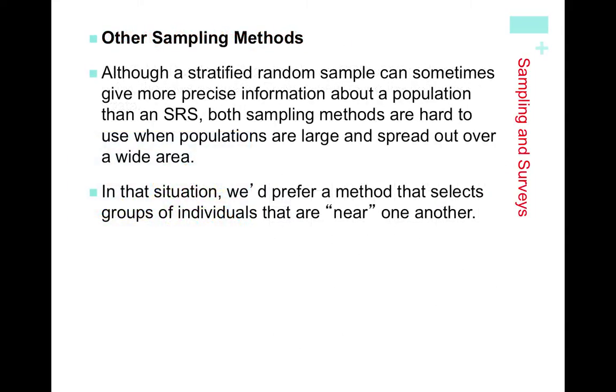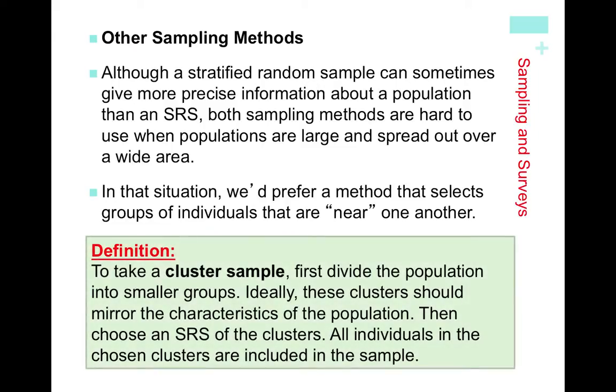Okay, although a stratified random sample can sometimes give more precise information about a population than an SRS, both sampling methods are hard to use when the populations are way too large or spread out over a wide area. In that situation, we'd prefer a method that selects a group of individuals that are near one another. Okay, so this would be called a cluster sample.